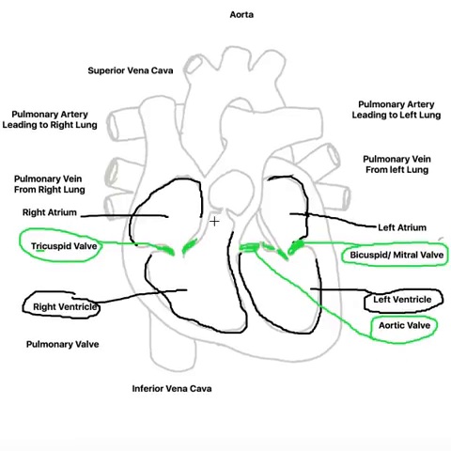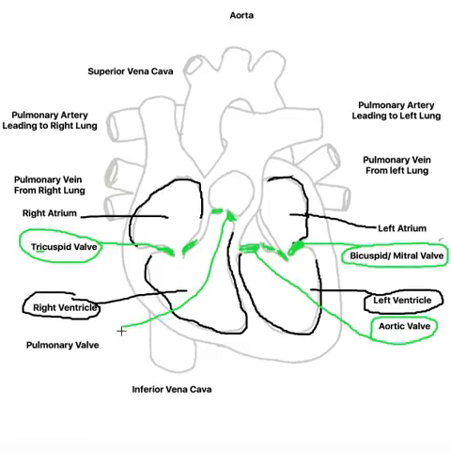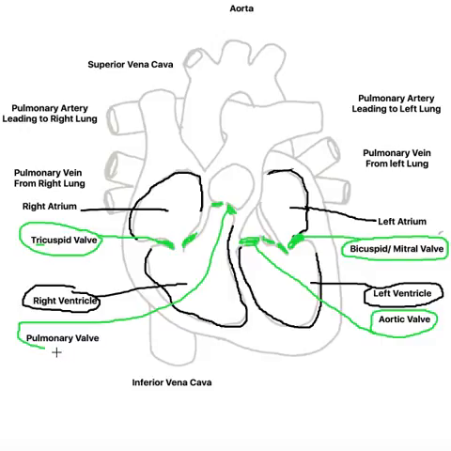And we've also got a valve on the right-hand side here at the top, and again what happens is the ventricle forces blood and shoots it up out of here, and that is known as your pulmonary valve. Pulmonary valve.